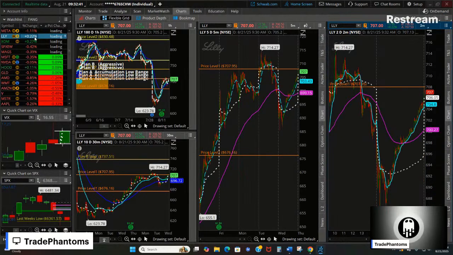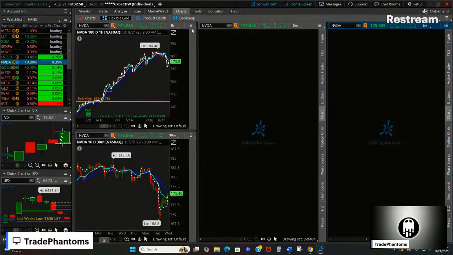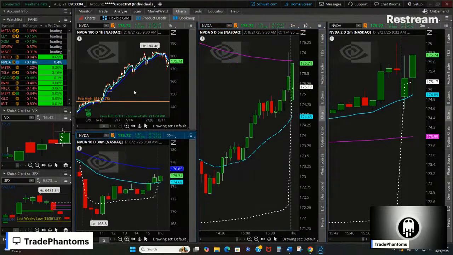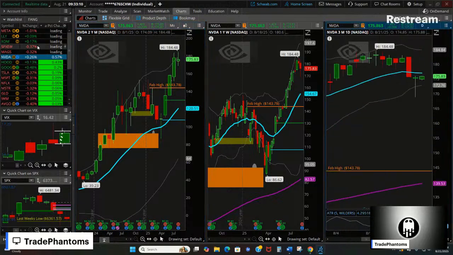Let me see NVIDIA. NVIDIA has a decent looking open here.